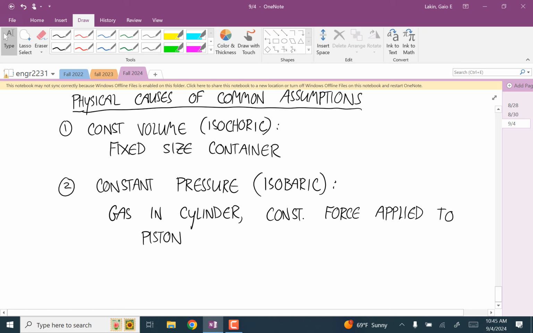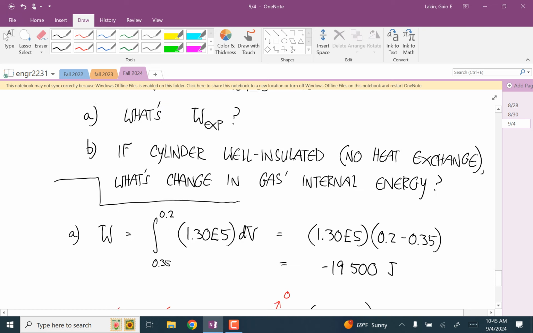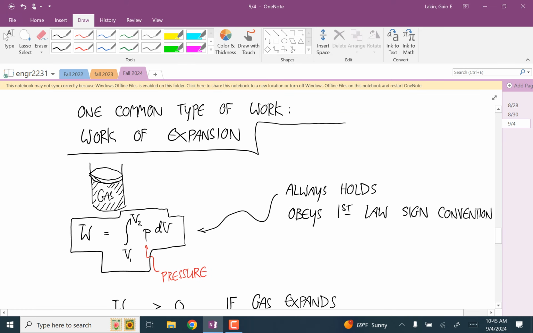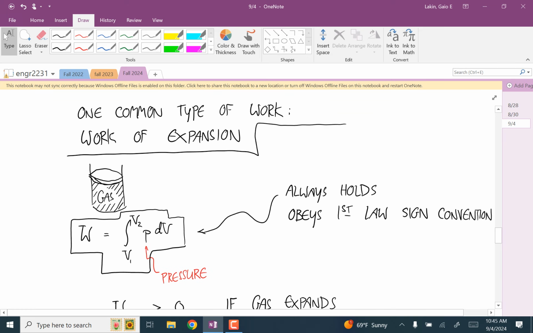Because in this case, you're changing the temperature. So if you had, let's look at this cylinder here. Imagine that the only force applied to that piston was the weight of that piston, okay? And then you heated up the gas in there. The gas would expand, and the piston would rise.